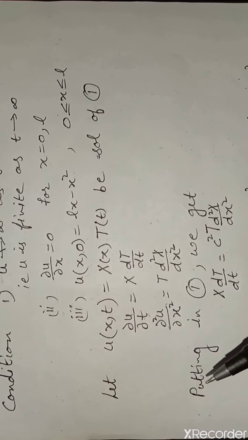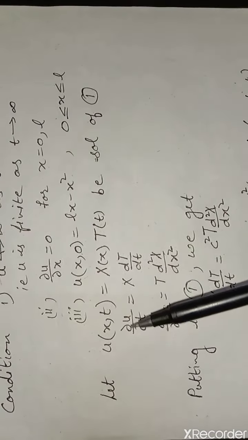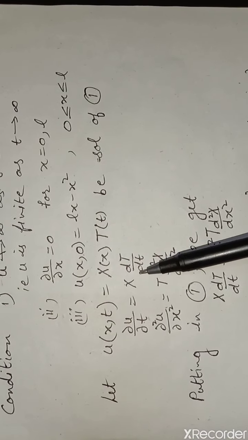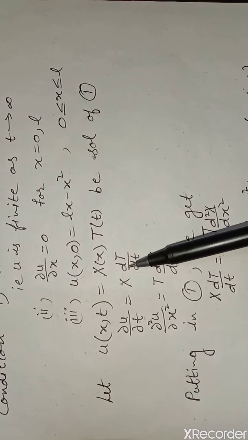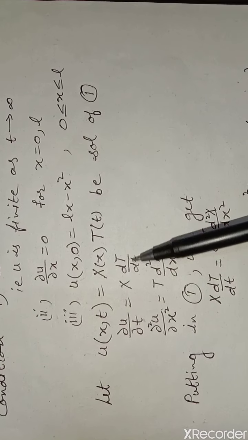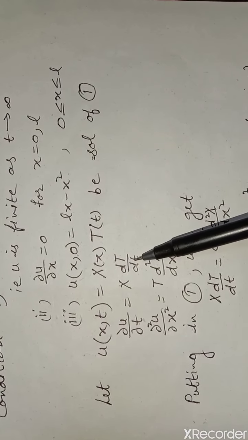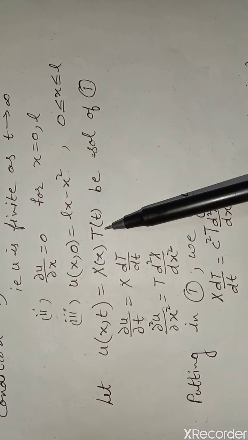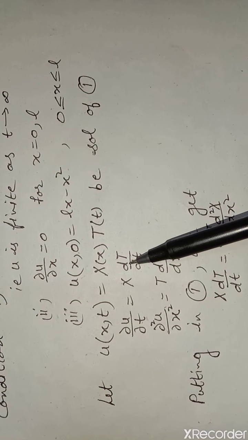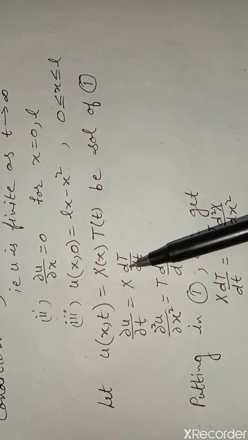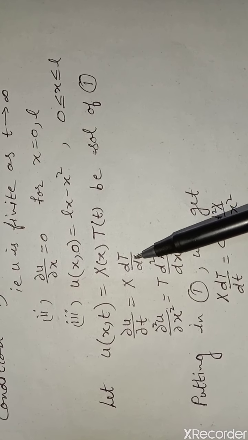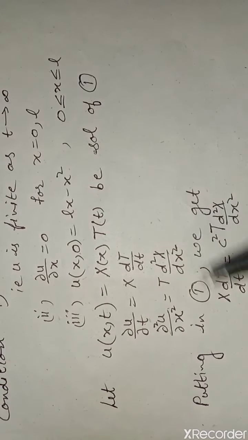For the left hand side, we need del u by del t. So del u by del t is capital X dT by dt, because T involves only one variable, so the partial derivative is converted into an ordinary derivative.